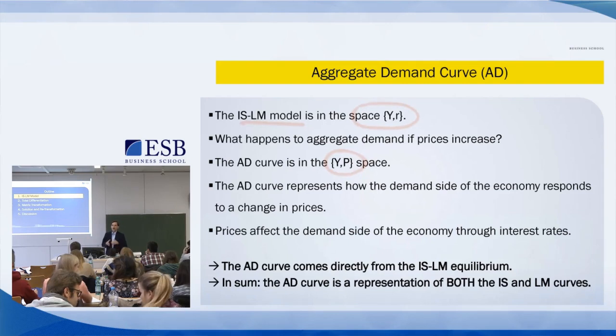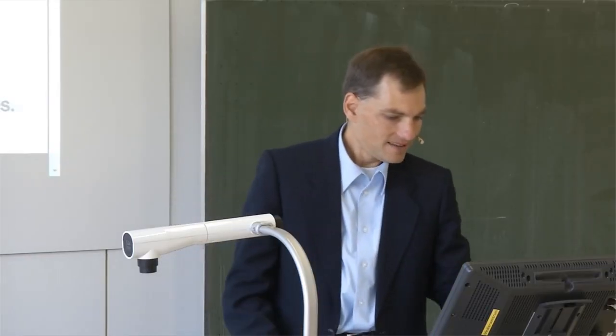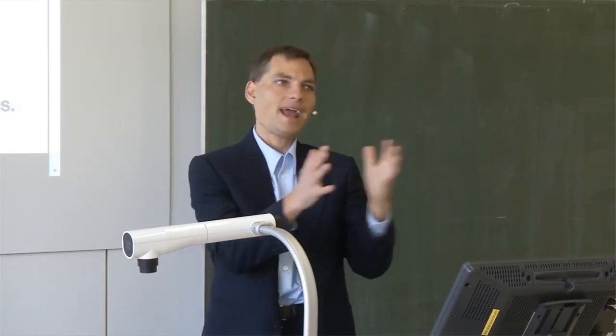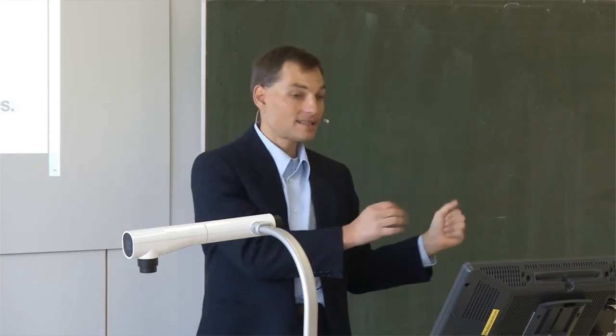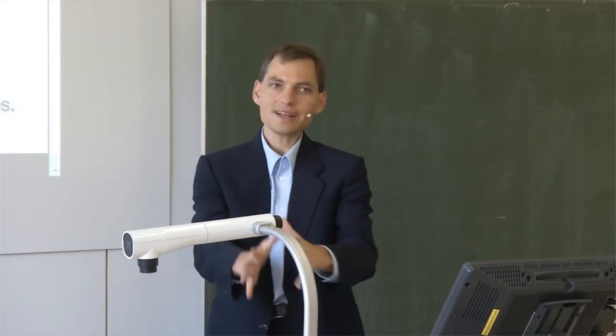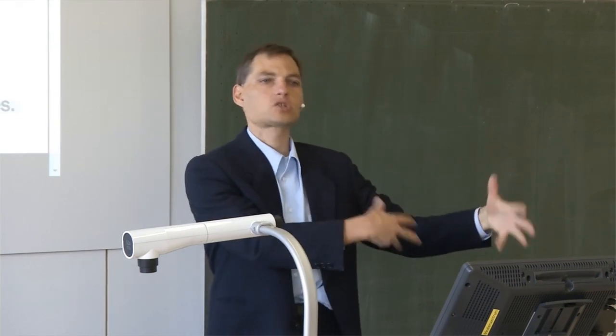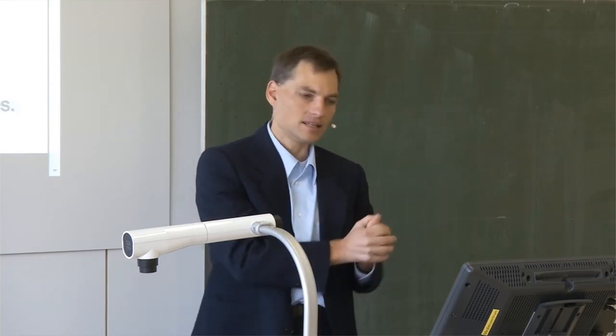Now we have the price level on the vertical axis. So that is the key difference. But in the end, you will see that both models, the ISLM and the ADAS curve, are quite similar. So what you can show and explain in ISLM is also possible to show and illustrate in the ASAD framework.